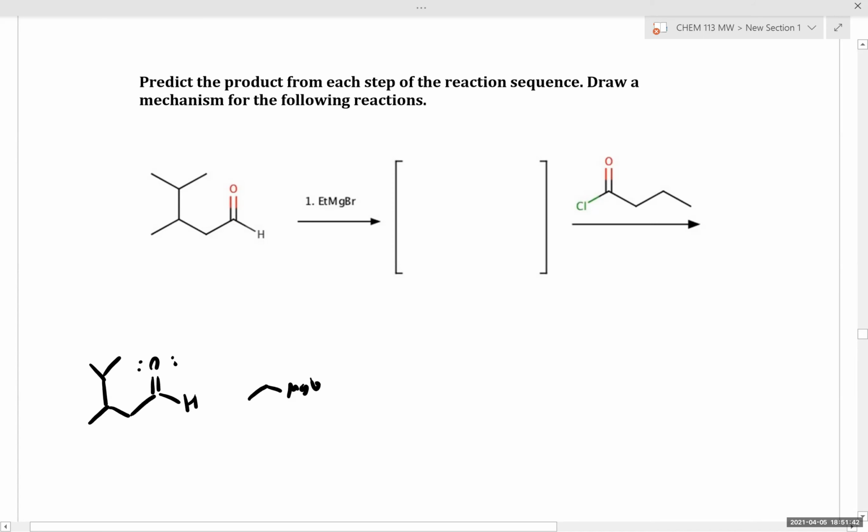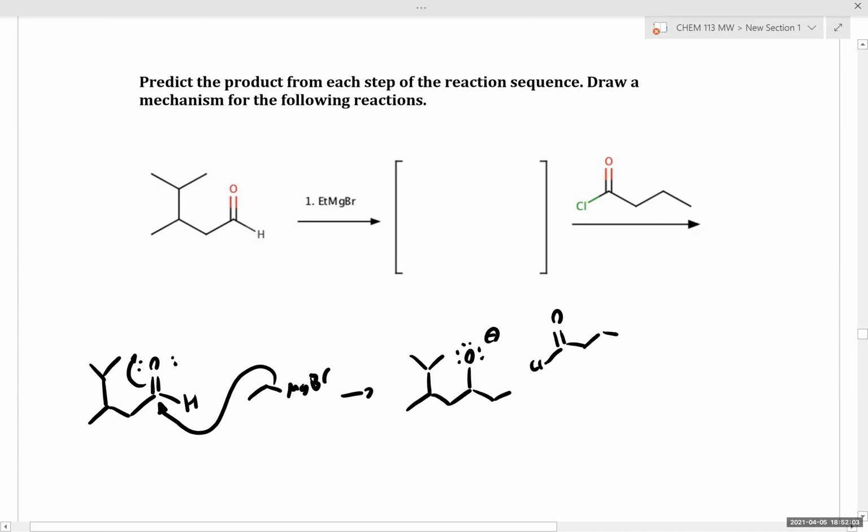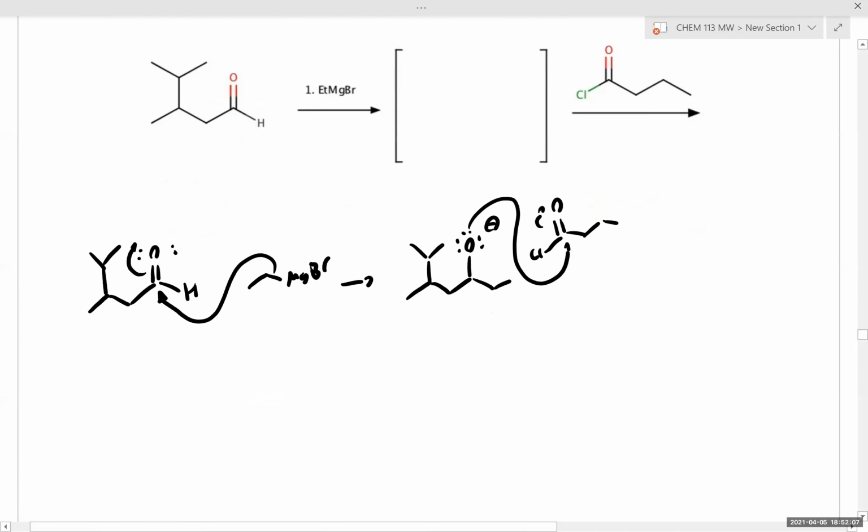So ethyl magnesium bromide, no worries. So ethyl magnesium bromide attacks the electrophilic carbonyl carbon. That in turn generates an alkoxide ion. And then from there, it's going to attack the electrophilic acyl chloride carbon.